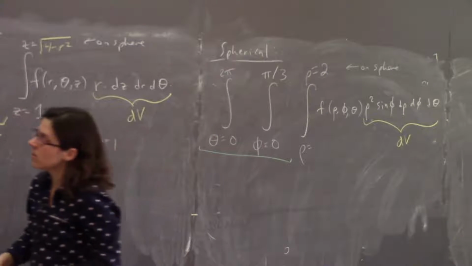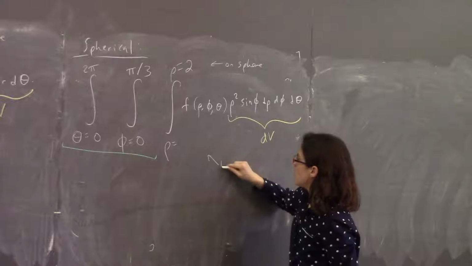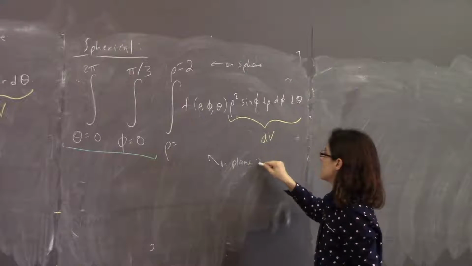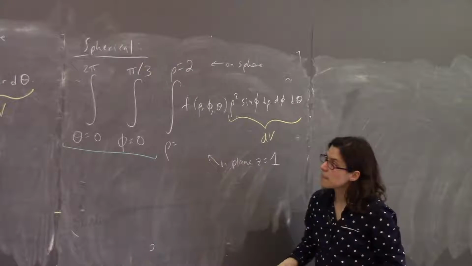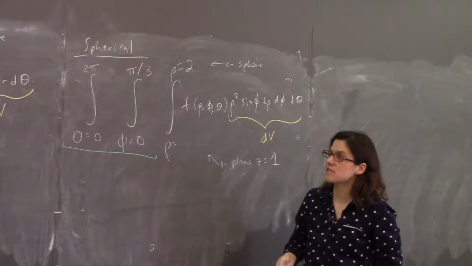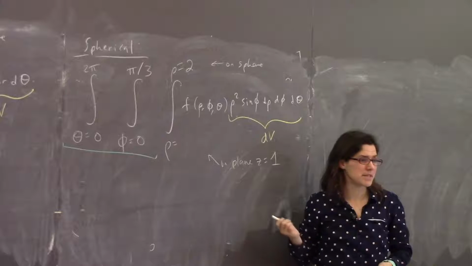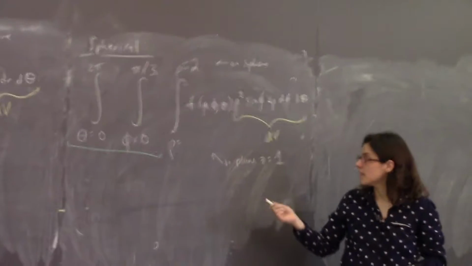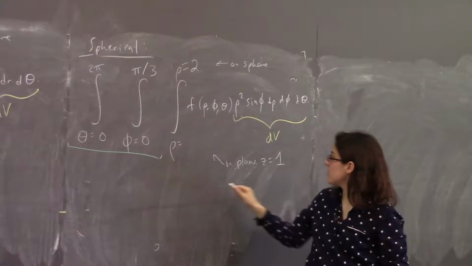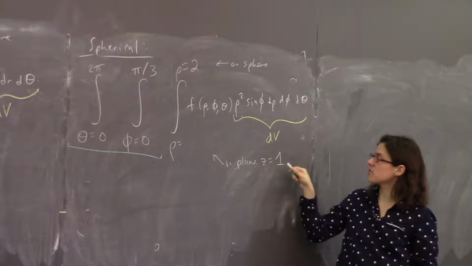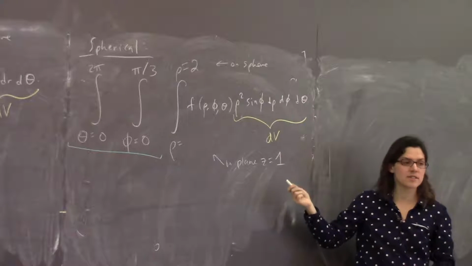Okay, now we also know that we pop in on the plane z equals 1. In rectangular and cylindrical coordinates, it was easy to write an equation for that, because z was one of our variables. But here, no. So if z equals 1, we now have to solve for that in terms of rho.